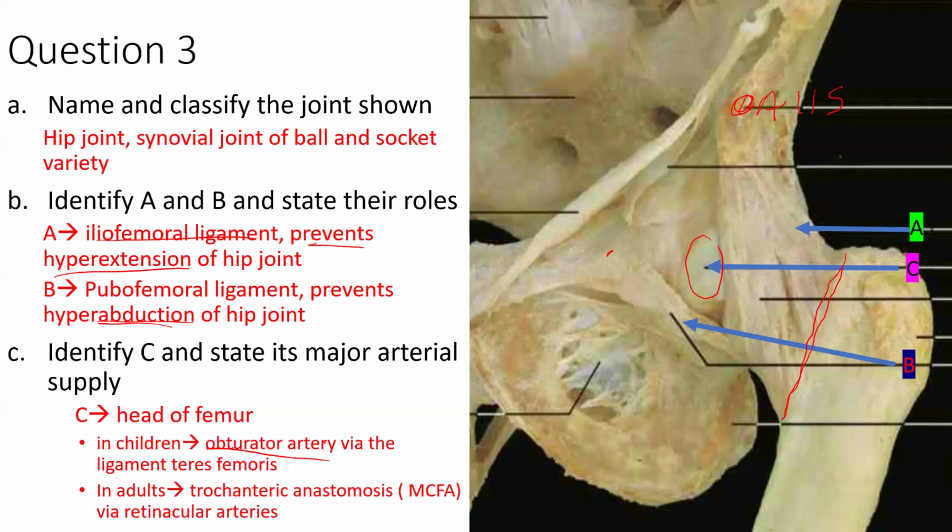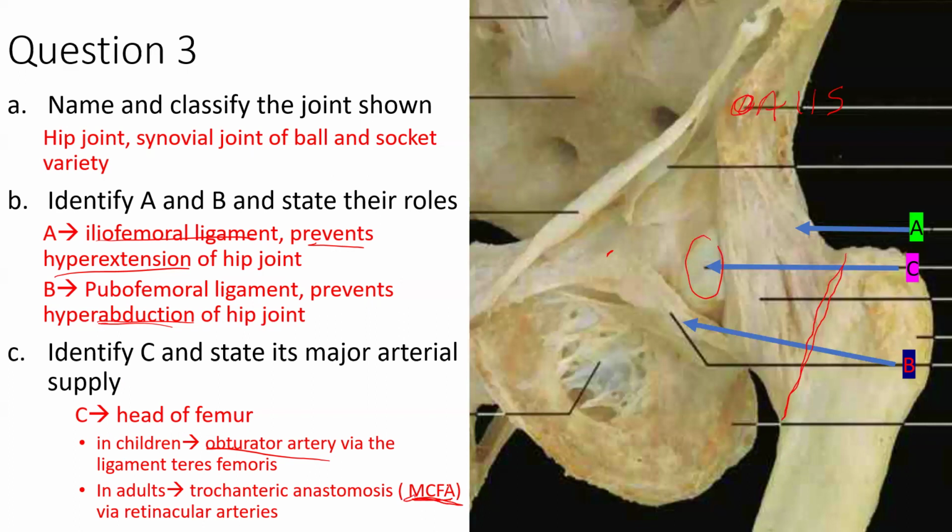But for adults, rather after the age of, it is said, 7 years, that artery tends to atrophy, and it is replaced by the trochanteric anastomosis, and majorly the medial circumflex femoral artery, which gives rise to the retinacular arteries, which pass along the neck of femur to supply the femoral head.